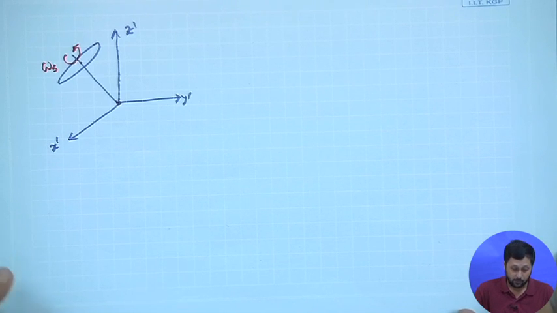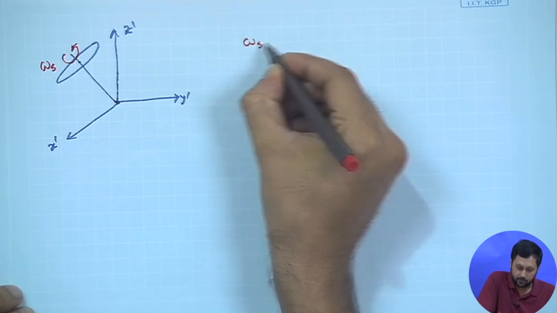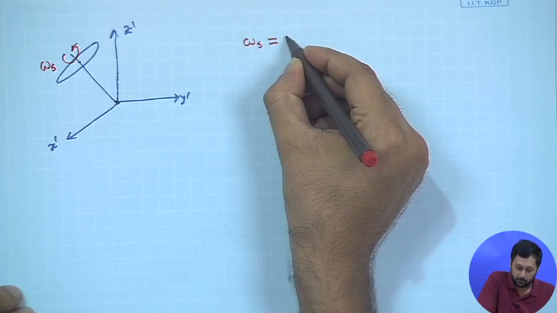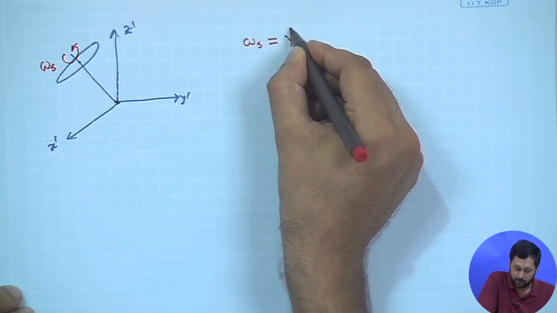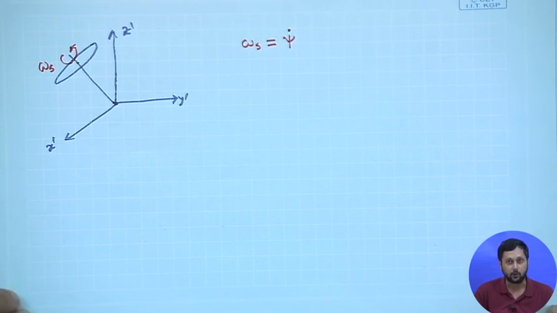Now, in terms of Euler angles, please realize that omega s is very well represented by the last Euler angle's time derivative. So, omega s is your psi dot, right. So, this is one motion of the top which is the spin motion, which is very nicely taken care of by the third Euler angle.